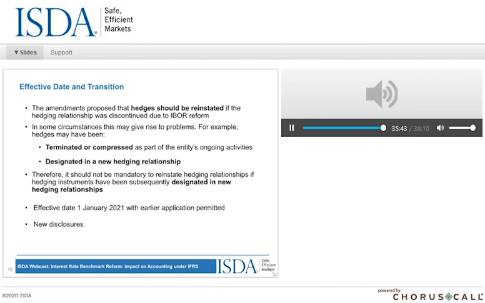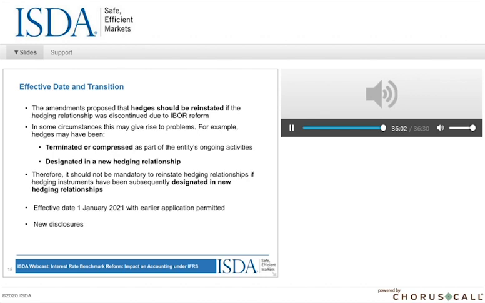Firstly, as if the hedging instrument has been discontinued, which will be used before the Phase 2 amendments are applied. And secondly, as if the hedging relationship has been continued, so that it can be reinstated as if it were never discontinued once the Phase 2 amendments are applied.